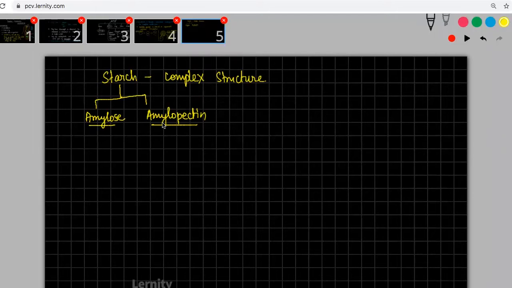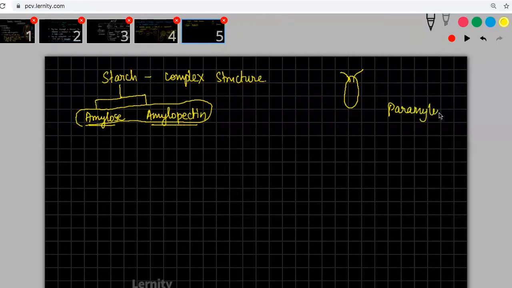Okay, so a unicellular organism like euglenoid will not have the requirement of such complex structures. Basically, this para-amylum is a very normal, simple structure.